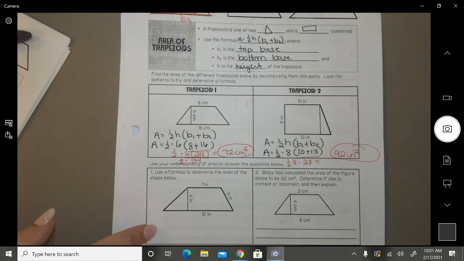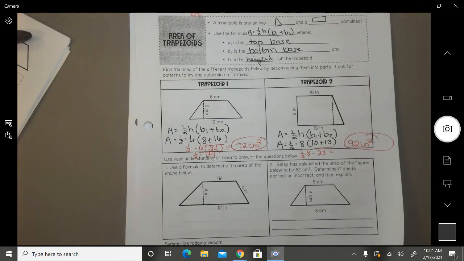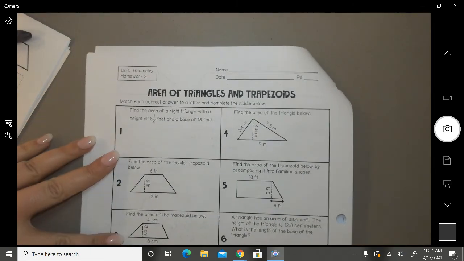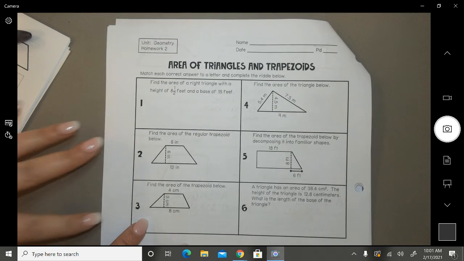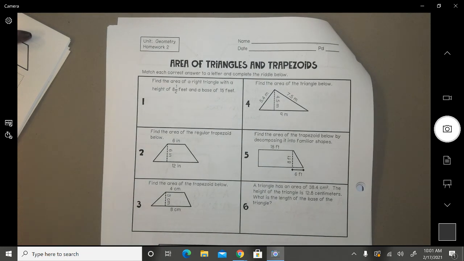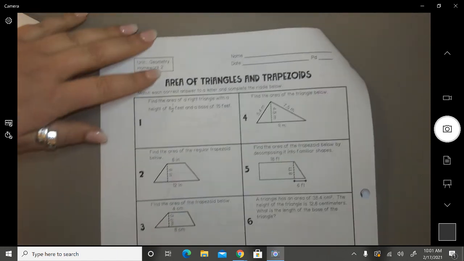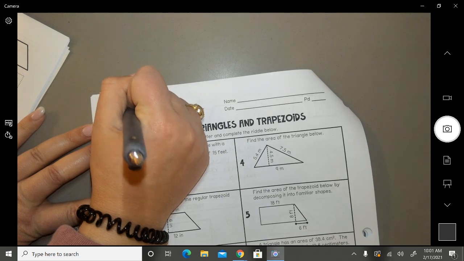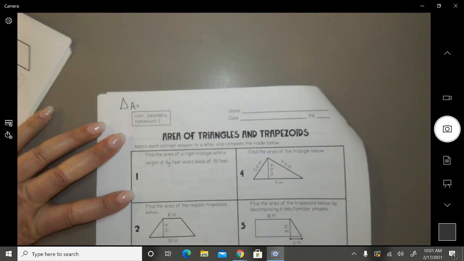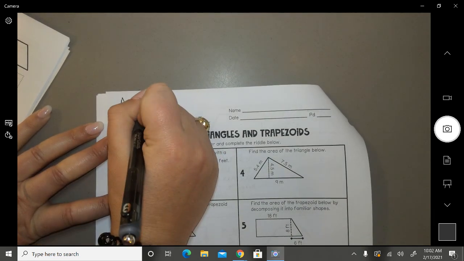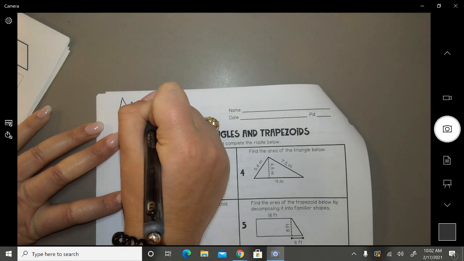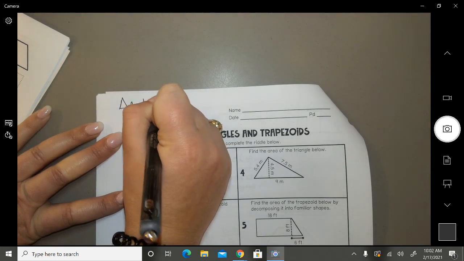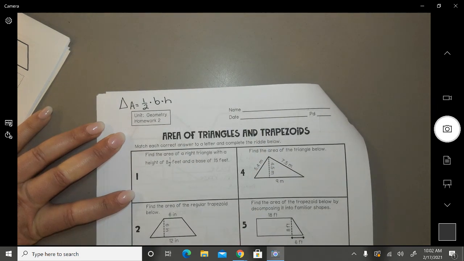Right, in just a minute, I'm going to have you do this one on your own. I want you to turn to this page right here. This is the homework sheet for tonight, but you may have plenty of time to finish it. I want you to go ahead and write the formulas up the top of the page. So a triangle, what's the area of a triangle? What's the formula for it? Very good.